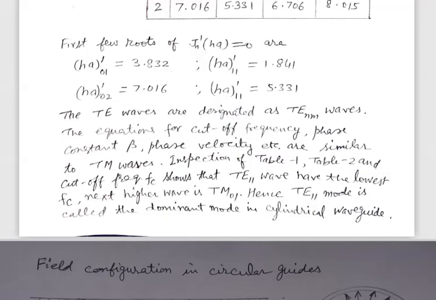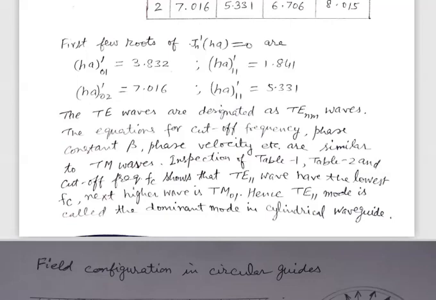Now it is interesting to compare the results of both TE and TM waves. Here the minimum value of the root occurs for the TE11 wave, which is 1.841.